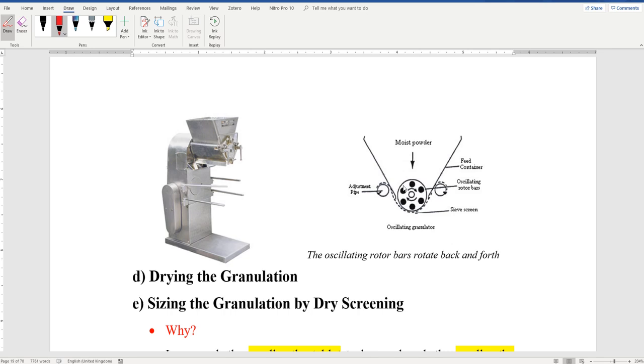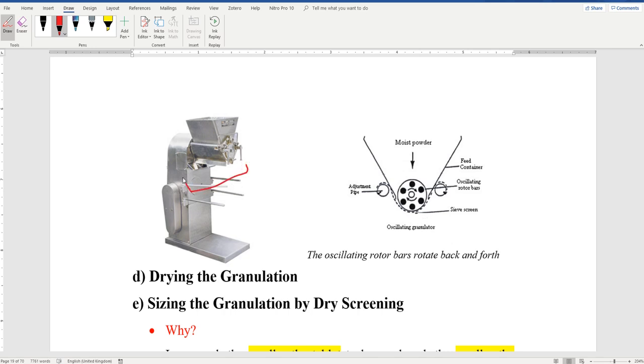It has bars like what you see here, rotor bars that rotate in both directions, to force the moist powder or wet mass through a screen or sieve. Here we are fitting a sieve and the wet mass is added, and this will force the wet mass to break through the sieve and down into a tray.